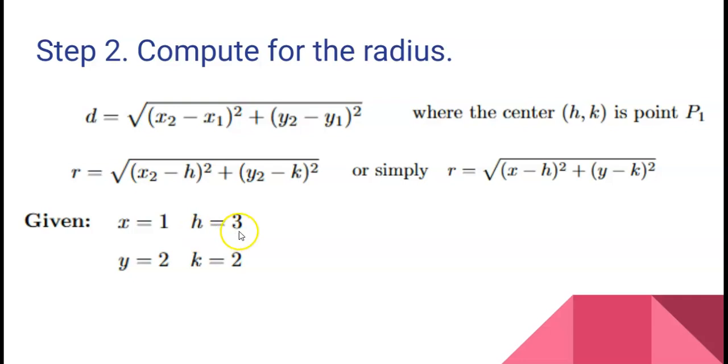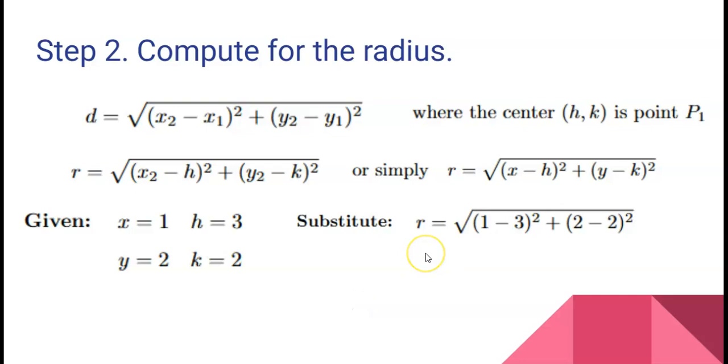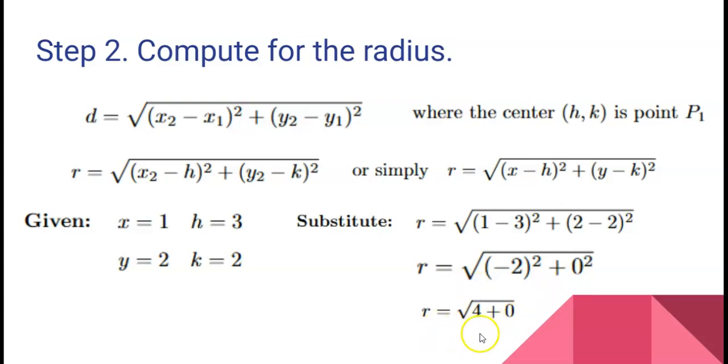Now substitute. r is equal to the square root of (1 minus 3) squared plus (2 minus 2) squared. 1 minus 3 is negative 2, squared is 4. 2 minus 2 is 0, squared is 0. So r is equal to the square root of 4 plus 0, that would be the square root of 4, and r is equal to 2.